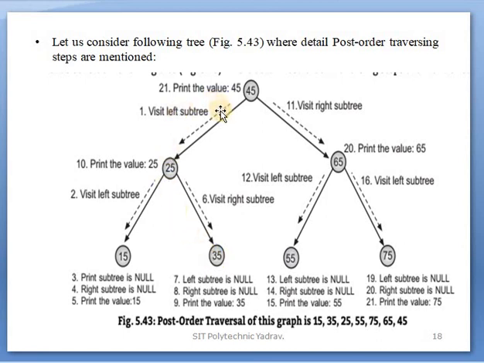Again go to the 10th step, display that root, because left, right, after that root. 11, visit the right subtree, visit the left subtree, both are null, after that 55 will be displayed. Again go to the right subtree, null, after that 75 will be displayed, after that 65, after that 45. In that 50, 35, 25, 55, 75, 65, after that the main root, 45, is displayed.